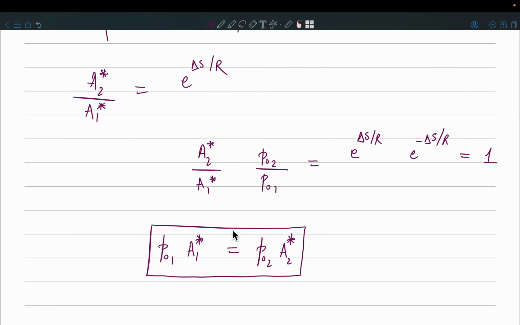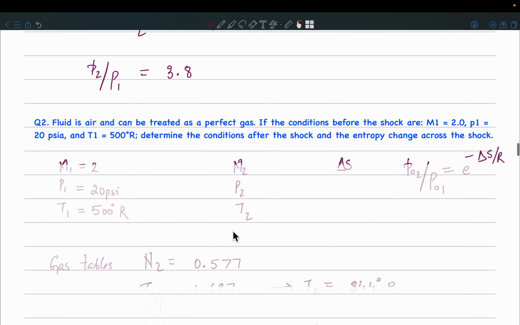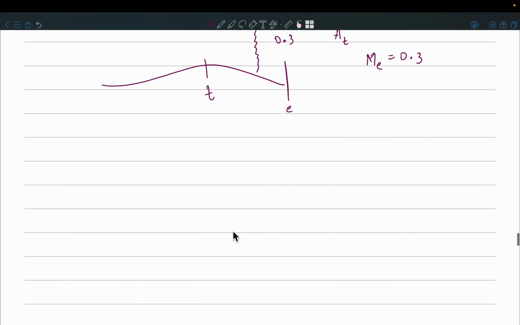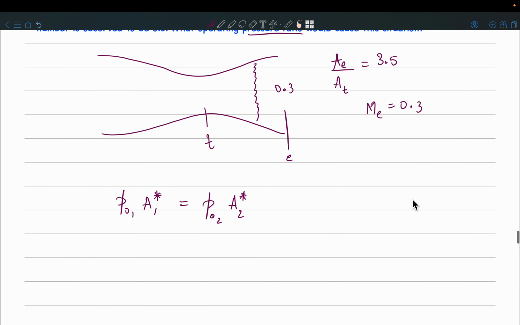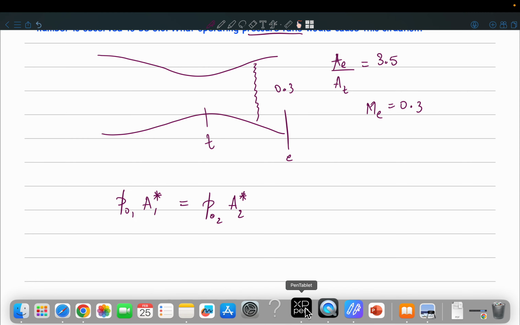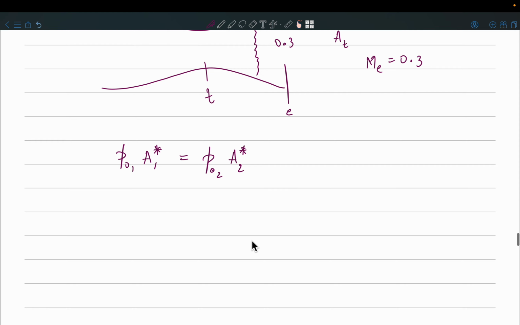So I can use this equation: P01 A1 star is equal to P02 A2 star. If I know the area ratios and the Mach number, I can find the star reference areas. Do you want to try or should I tell you the solution?